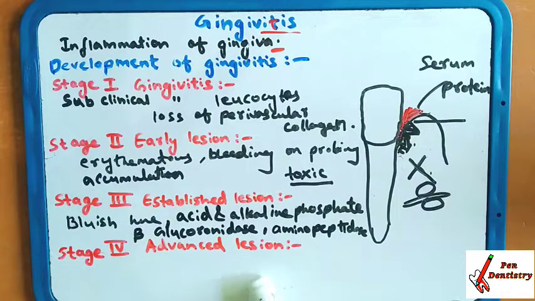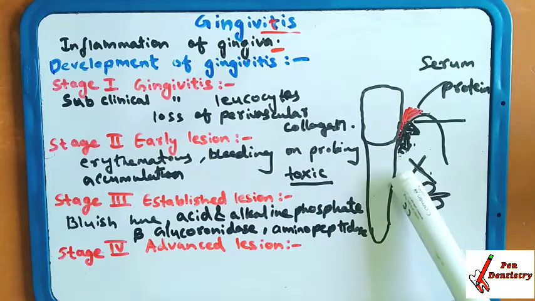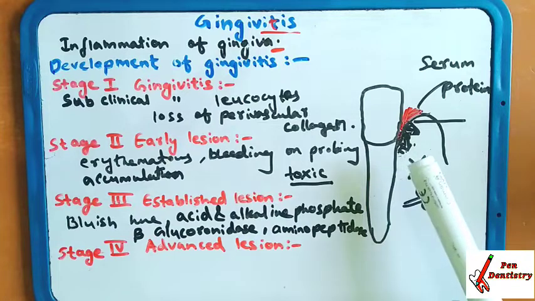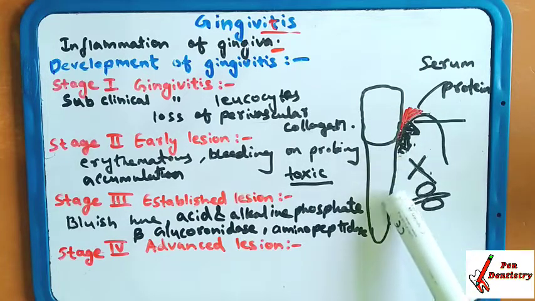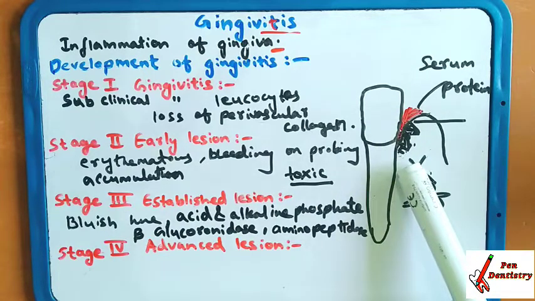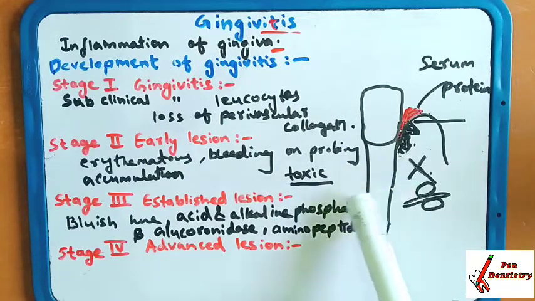The changes that you are going to see in the last stage are the extension of the lesion into the alveolar bone. The periodontal ligaments will be lost, which will cause the bone loss of the tooth. Continued loss of collagen will be seen.